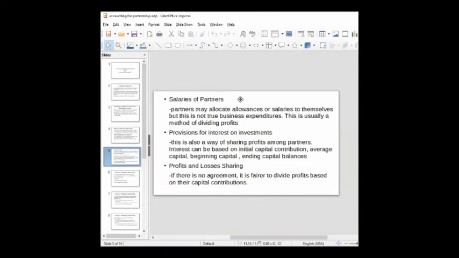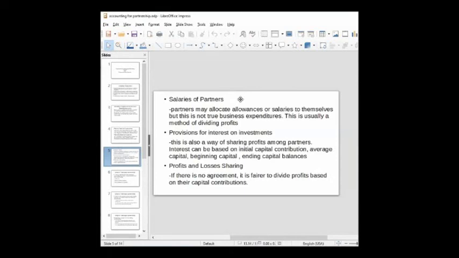Before distribution of that net profit of 200,000, if they have a provision for salaries of one or all of the partners, then you have to deduct first these salaries before doing the distribution of the net profit.